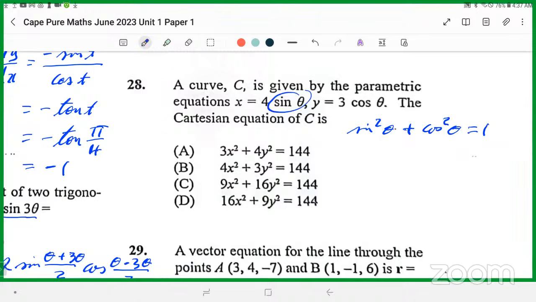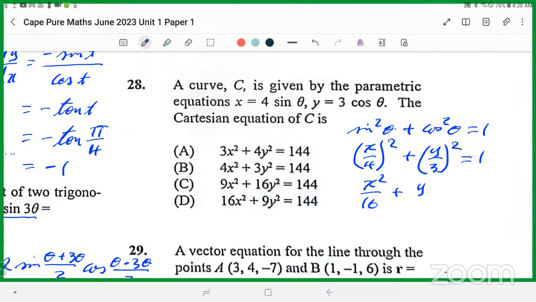So from this, sine theta is x over 4, so this becomes x over 4 squared, plus cos theta is y over 3, it becomes y over 3 squared, equals 1. This is x squared over 16 plus y squared over 9 equals 1.